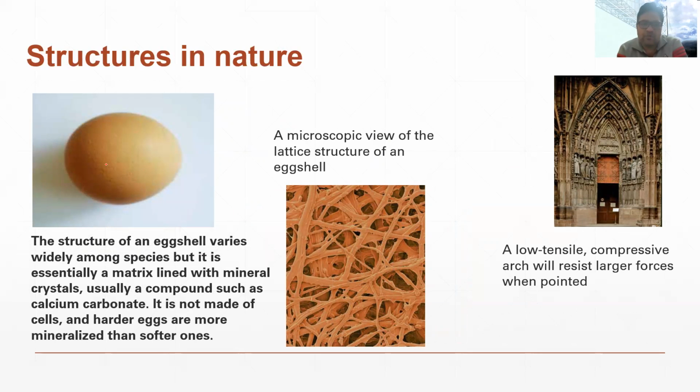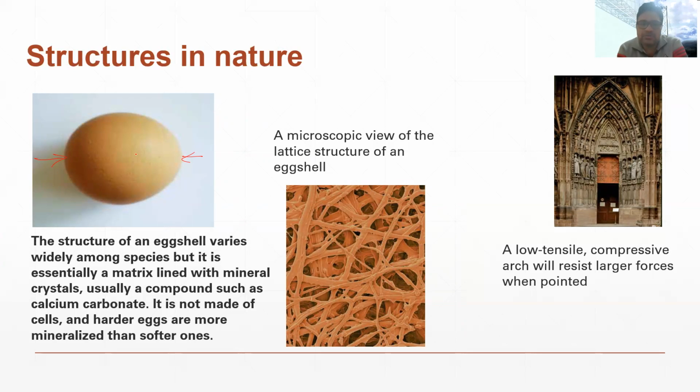The shell is formed in such a manner that it is strong in compression but weak in tension. If you squeeze this egg from the sides, it will be crushed. But if you try to squeeze it from the ends, it will not be broken very easily.